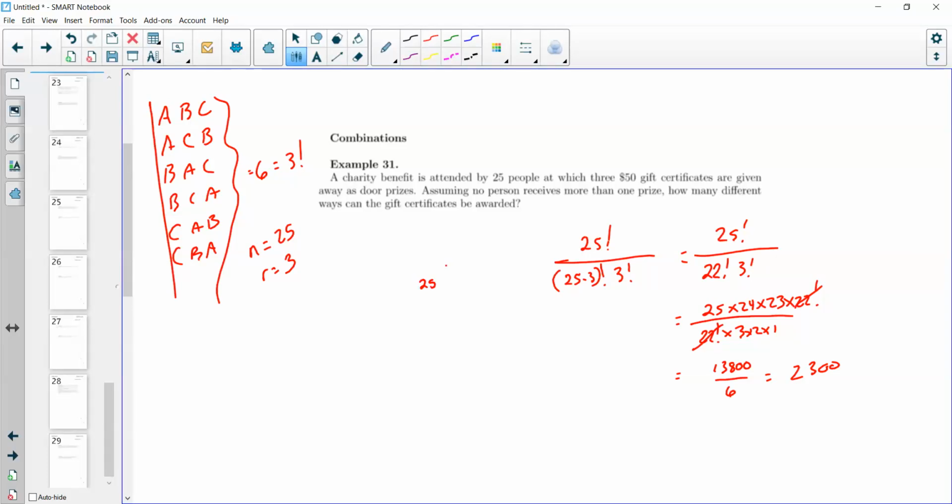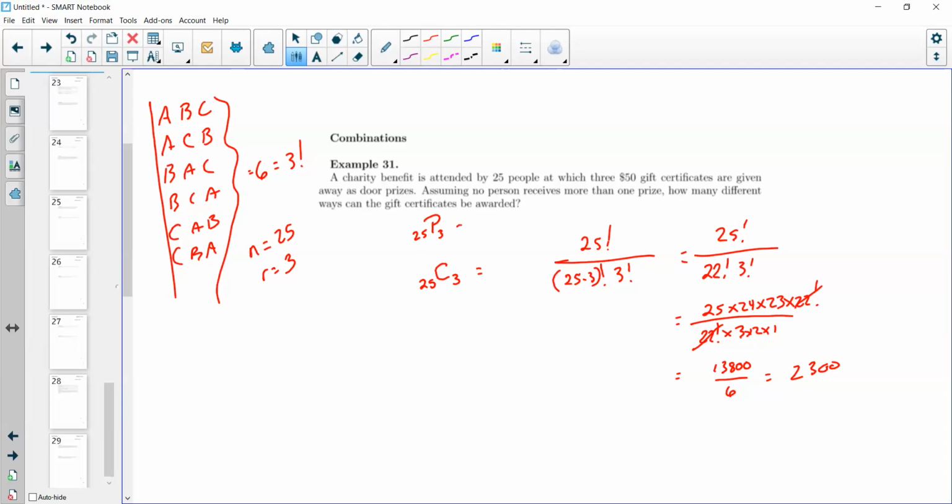25 items, combination, 3 at a time. That's the notation, which it'll show on the next page. If you remember before, we had 25P3.